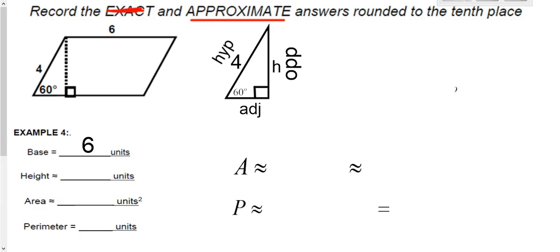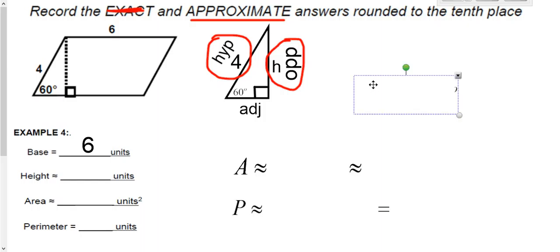We need 2 for that fraction. And of course we have to use this side because we want to know h. And we have to use this side, the hypotenuse, because it's got a number. So which trig function uses opposite and hypotenuse? Yeah, you can remember SOHCAHTOA, sine opposite over hypotenuse. So we are going to use the sine function.